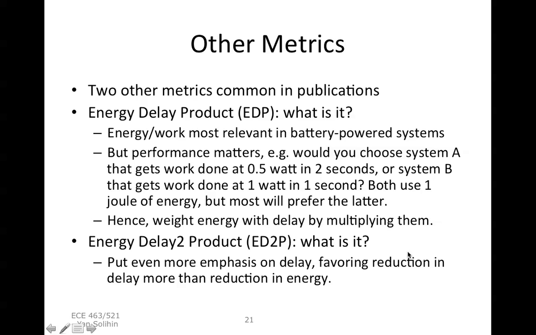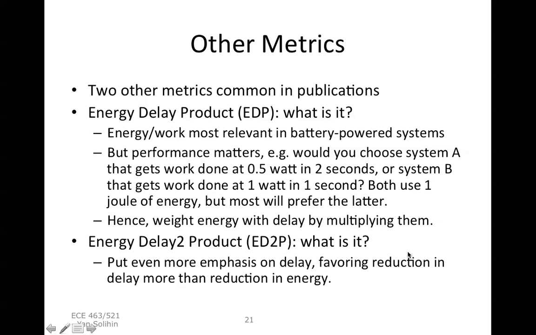So for example, suppose there are two systems, system A and system B. System A gets a work done at 0.5 watt in 2 seconds, or system B gets a work done at 1 watt but in only 1 second.